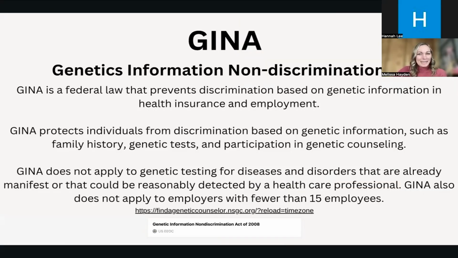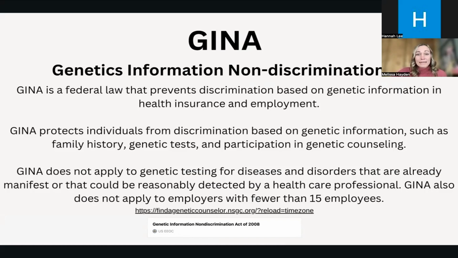While secondary findings can be incredibly valuable, if a patient opts into receiving secondary finding information, it's important to consider how their genetic results can be used as well as protected. This brings us to the Genetic Information Non-Discrimination Act, otherwise known as GINA. This is a key federal law that is in place to prevent genetic discrimination.